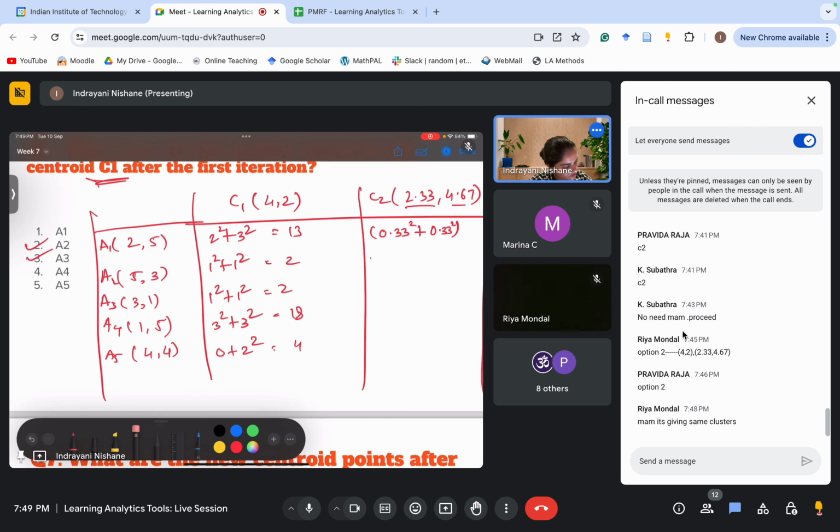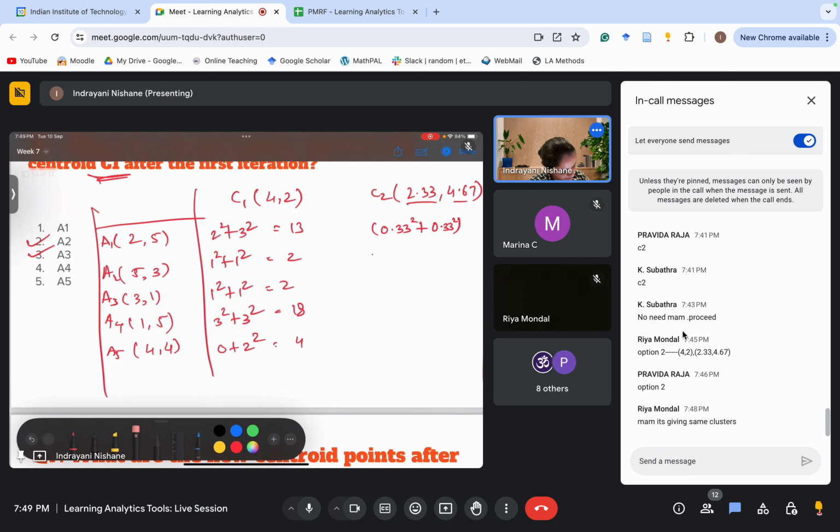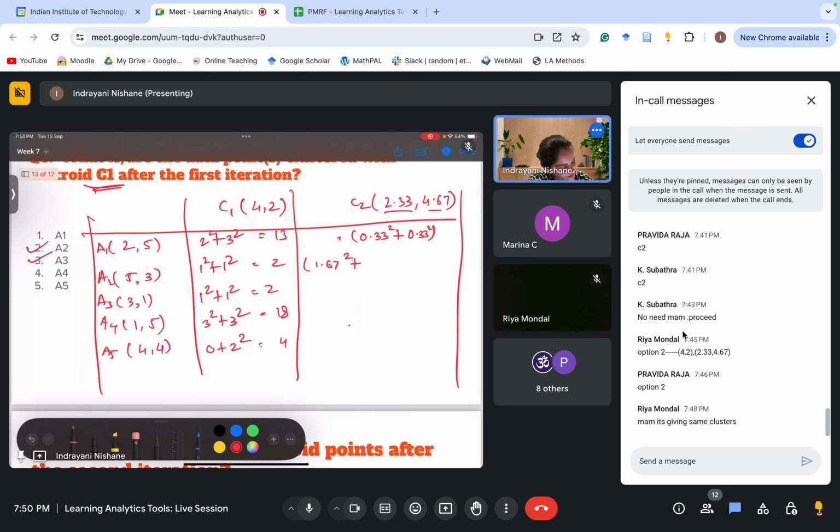Now let me do this, shift it here. Okay, so here the distance is 1.67 square plus 0.33 square. No, 1.67, not 0.33. I don't know where I was looking. 1.67 square.